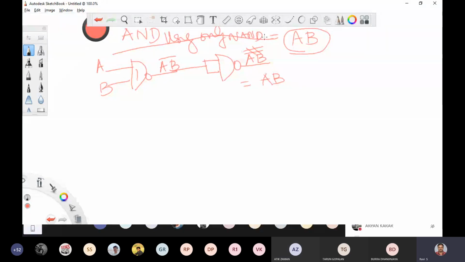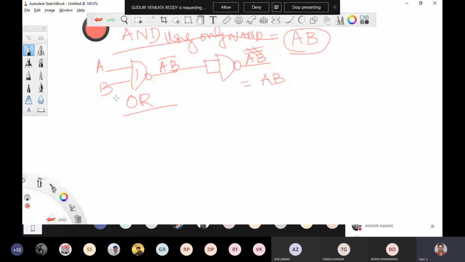So I'll make the OR implementation now. Later you can copy the circuit. OR is implemented already, right? Let me go for the NOR. I already know what the OR function is. If I connect variable A to one NAND based inverter, I'll get A bar. Then I'll pass B to a NAND based inverter, then I'll get B bar.